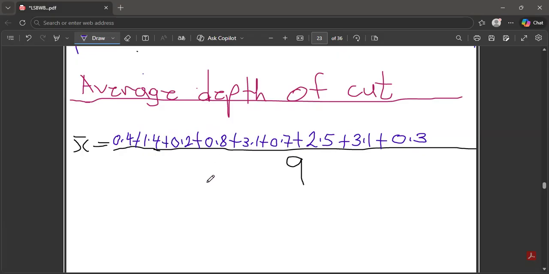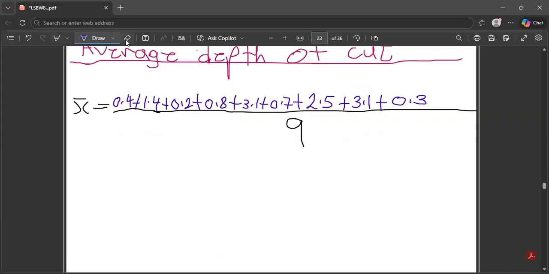So 0.4 plus 1.4 plus 0.2 plus 0.8 plus 3.1 plus 0.7 plus 2.5 plus 3.1 plus 0.3. We're going to get 12.5. I can repeat the equation again, and that gives me 12.5.